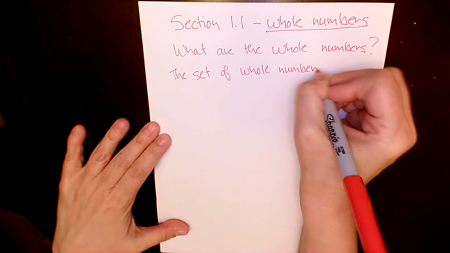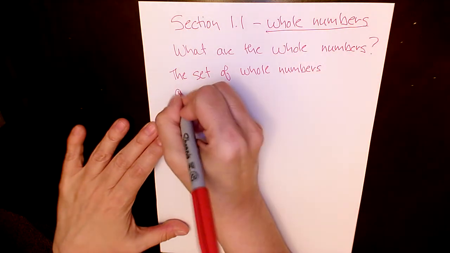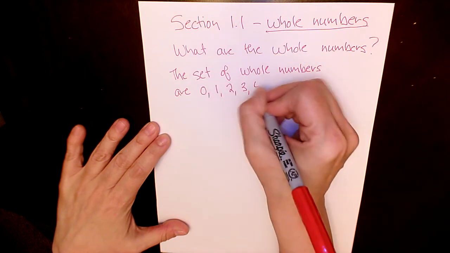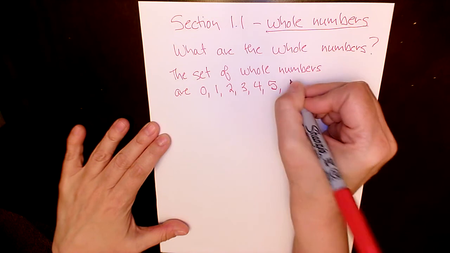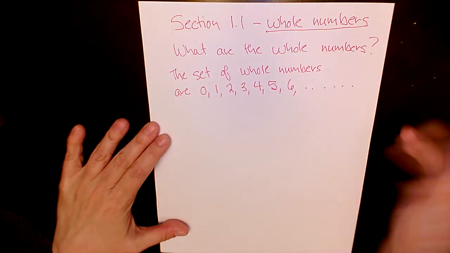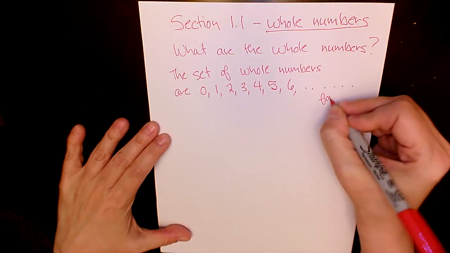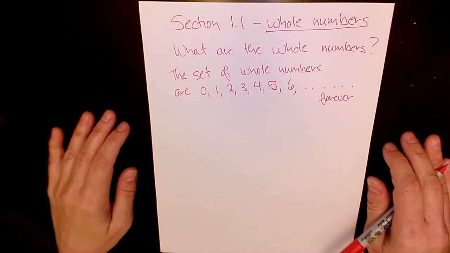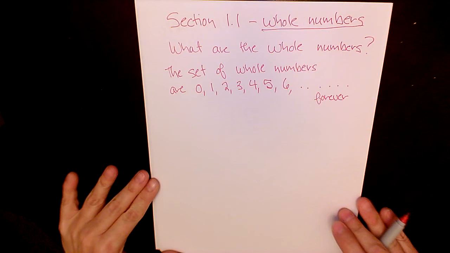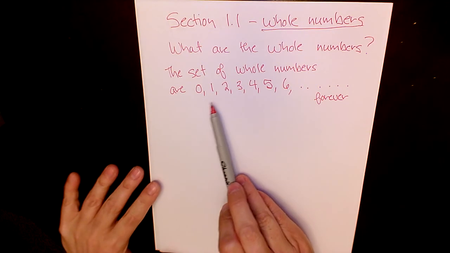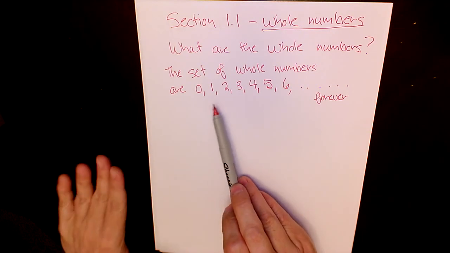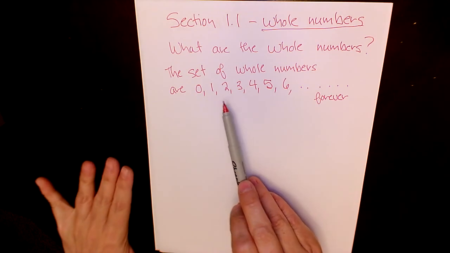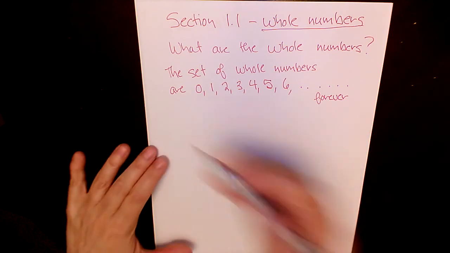And they just continue on. 0, 1, 2, 3, 4, 5, 6, and they just keep going on forever. So they start with 0. No fractions, no decimals, just starting at 0, 1, 2, 3, and so on.